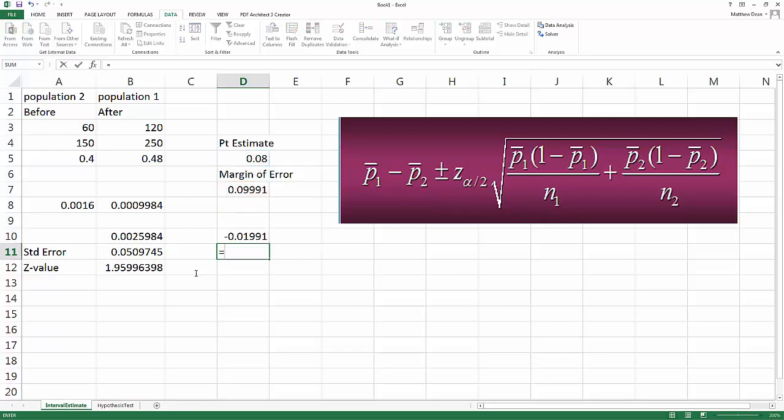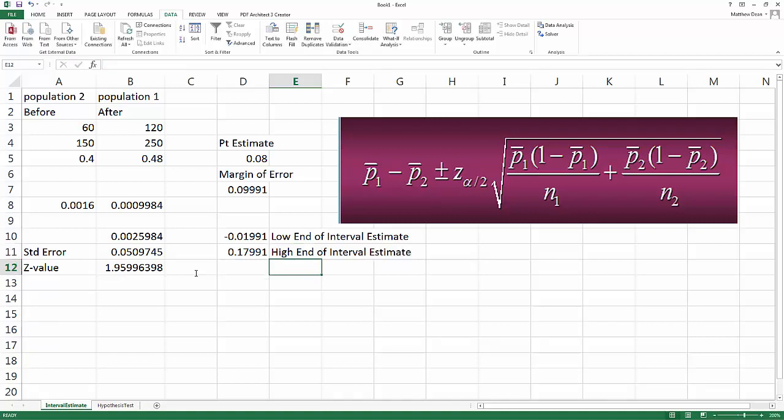And the high end will be the point estimate plus the margin of error. So low end of interval estimate and high end of interval estimate.